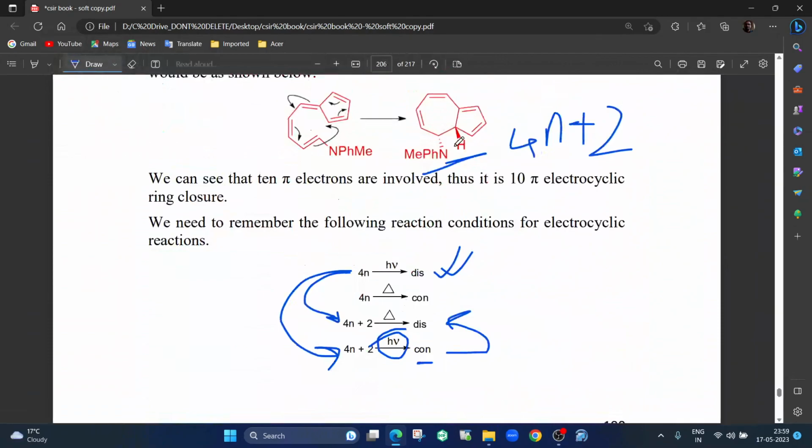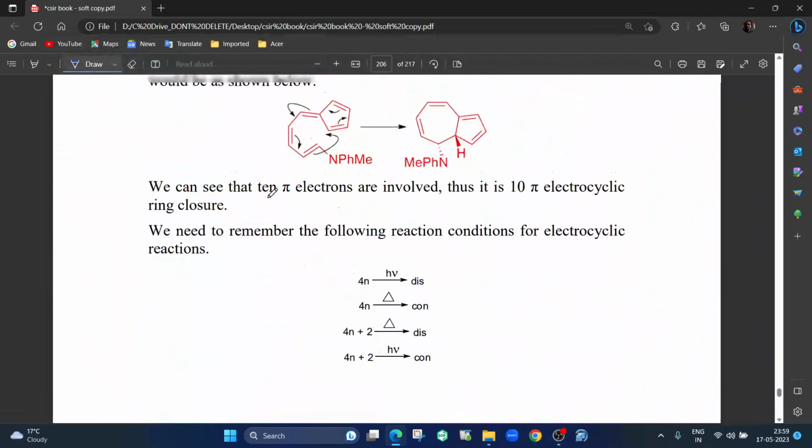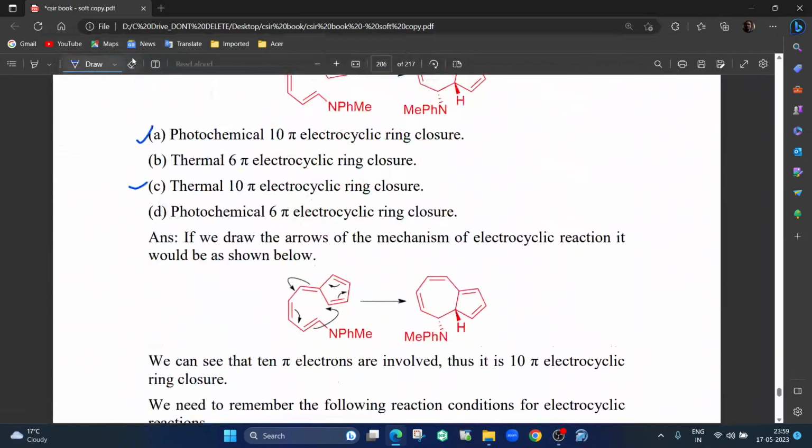Or if you see that this kind of stereochemistry in the product is obtained by disrotation, then you know that this reaction did not undergo photochemical but thermal conditions. Okay. So let us look at the reaction. One second.